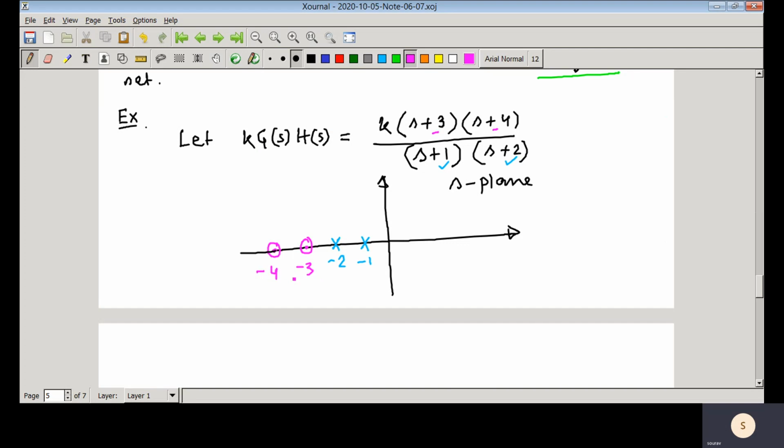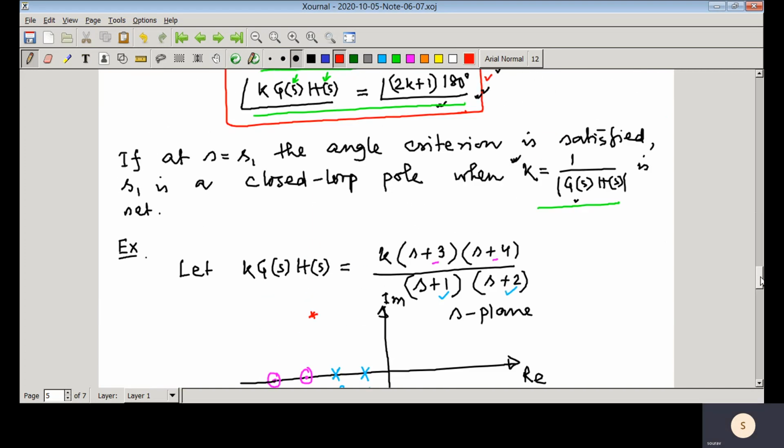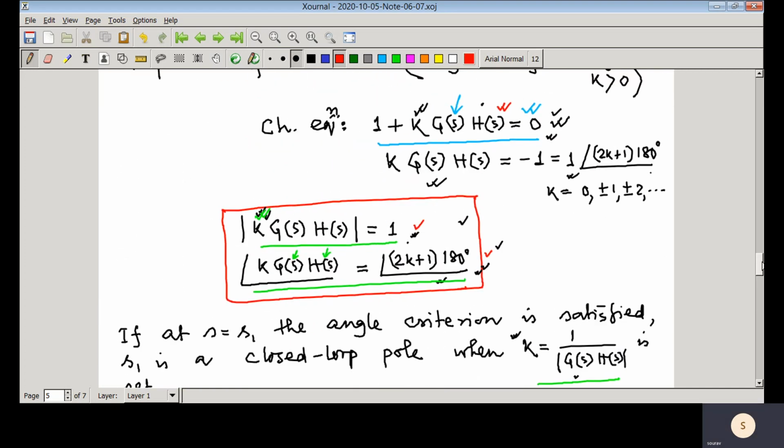So now this is the S plane, and suppose we take a particular point. Whether this point would satisfy that characteristic equation or not, because we are interested in finding a value of S so that this characteristic equation is satisfied.